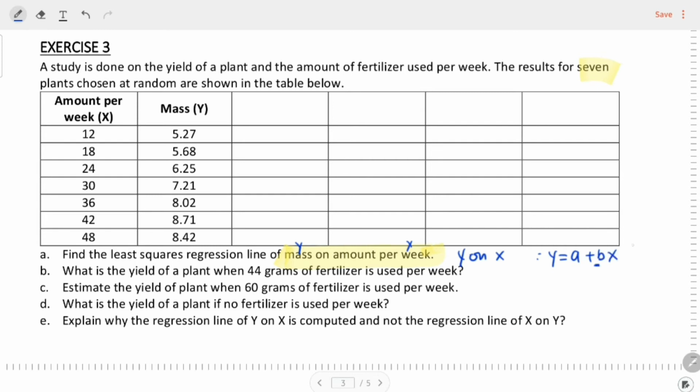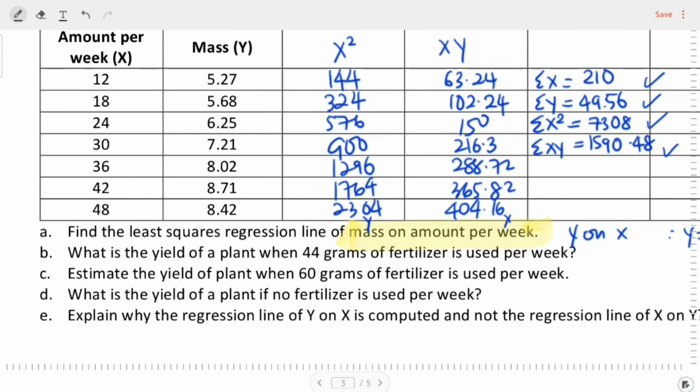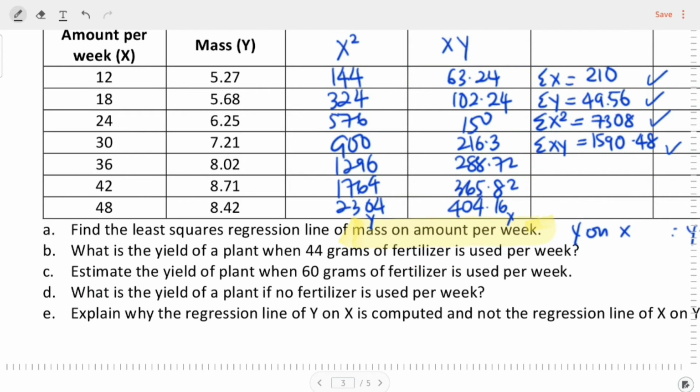In order to find your b, you need to use b equals s prime xy over s prime xx. So we need to tabulate the data, find x squared and xy. I already calculated the values of x squared for all of my data, and xy, and also the sum of x, sum of y, sum of x squared, and sum of xy.